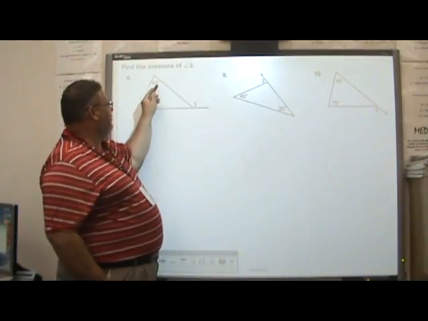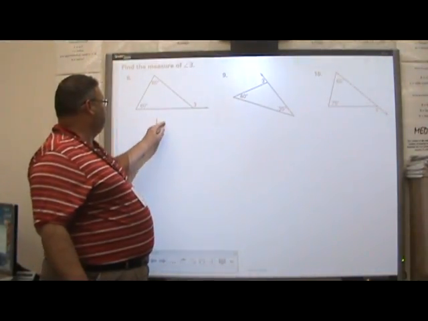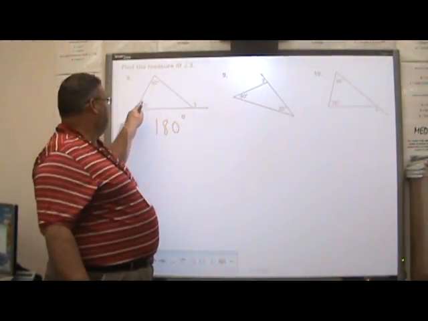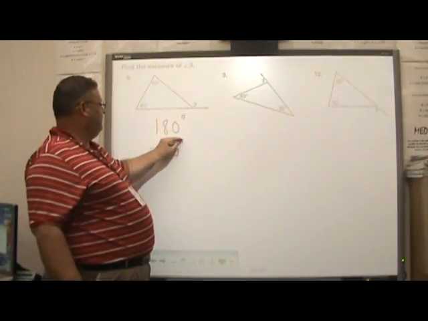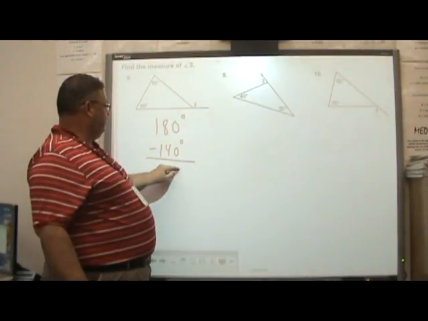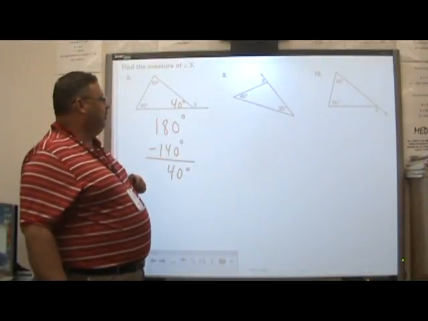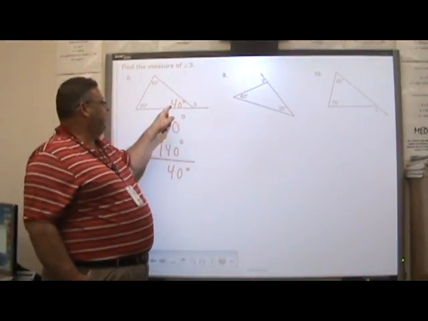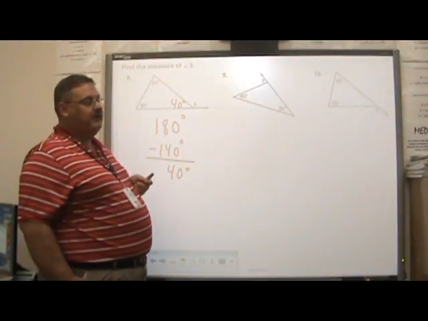Now I know that all 3 angles on the inside have to add up to equal 180. So 180 minus the 2 I know, which totaled 140, left me the one I didn't know, which was 40 degrees. But they're not looking for the interior angle, or the angle on the inside. They're looking for an exterior angle, or the angle on the outside.